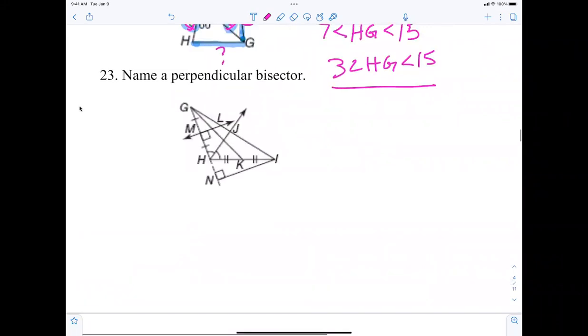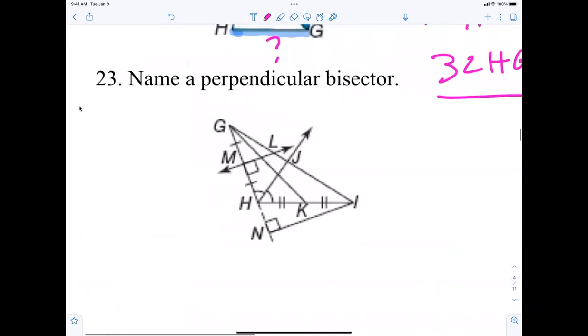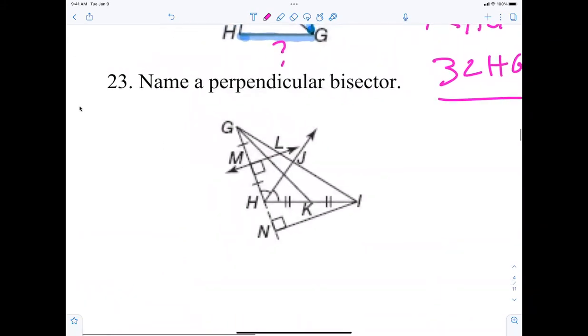All right, here we go. So look at all these right here. I know it's kind of confusing. Which one of these could be considered a perpendicular bisector? ML. ML is a perpendicular bisector. What's the angle bisector?